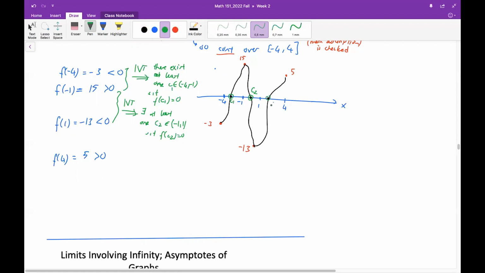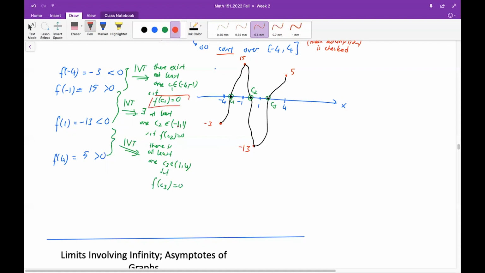You may call it C3. Since your function is continuous, you have to intersect the x-axis again, so there is at least one number C3 between 1 and 4 such that f(C3) is 0 again.